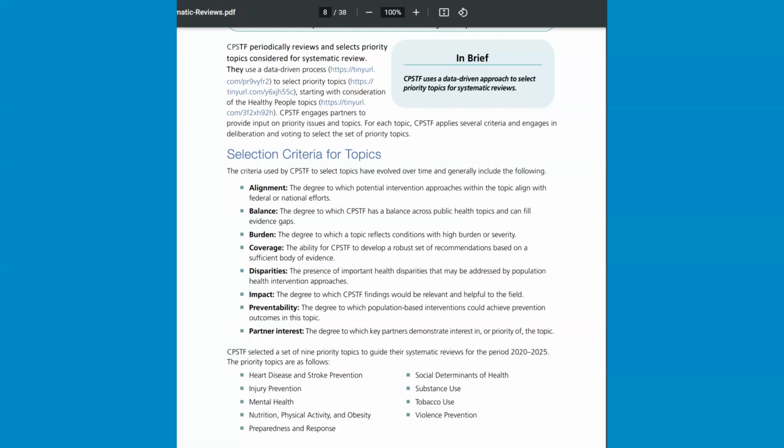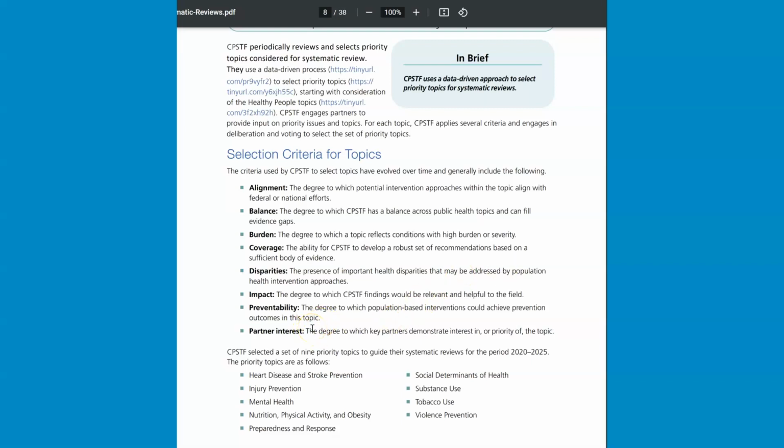Based on coverage, the ability for CPSTF to develop recommendations, based on the existing disparities, the health disparities that may be addressed by population level health intervention approaches, the impact, the preventability, and then finally, partner interest.